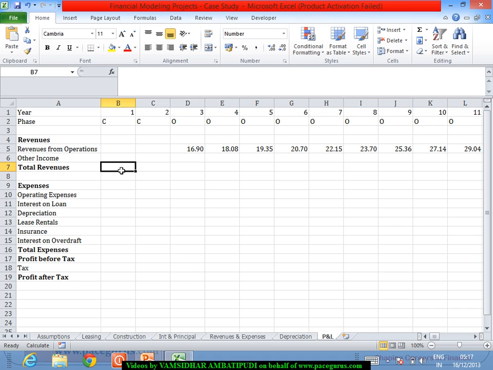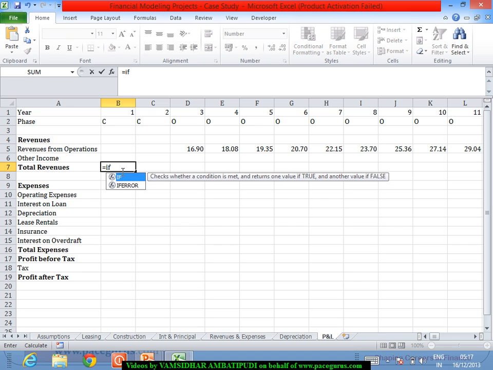So it has to come out as a kind of recurring loop from the cash flow statement itself. Right now I don't have the information for the other income. But still I would create this formula for total revenues saying if this is equal to operations, then do the summation of revenue from operations and other income.